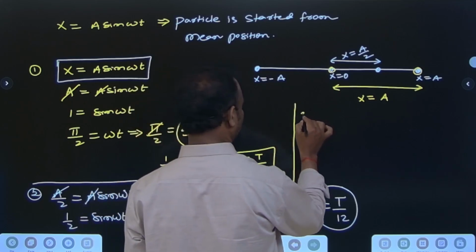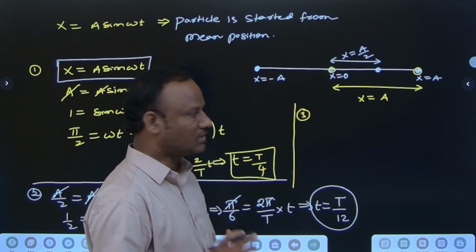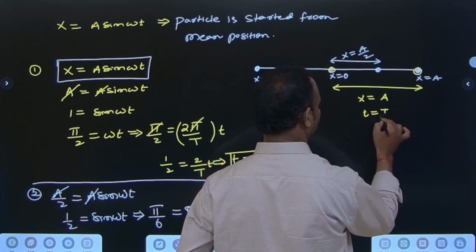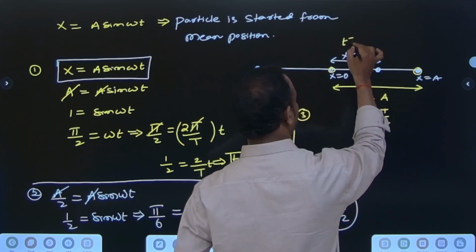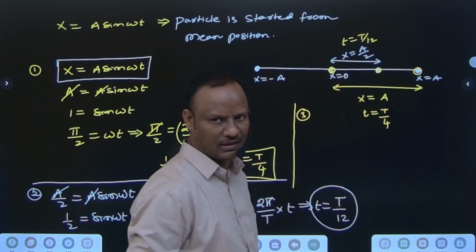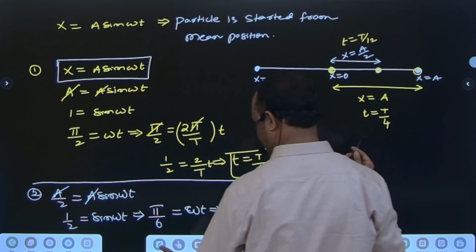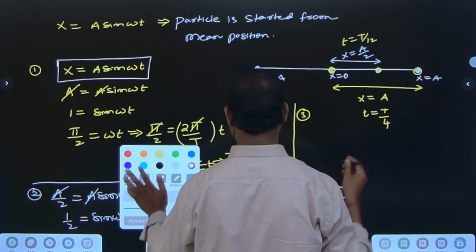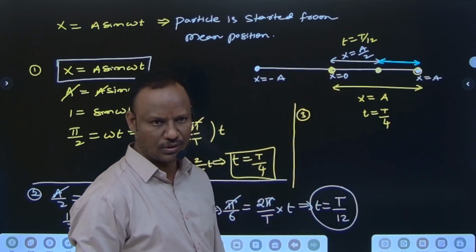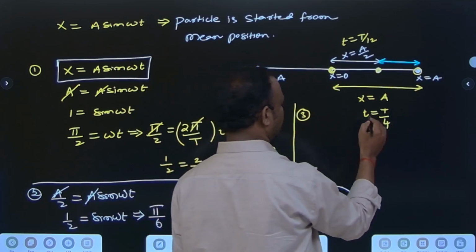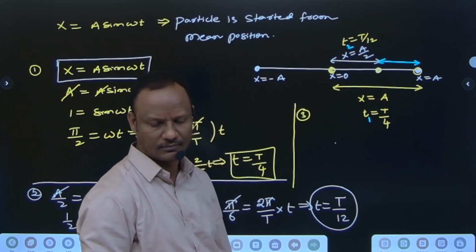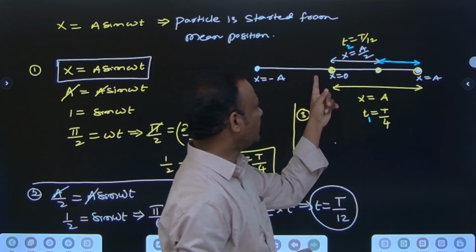For the third one, I'm doing a cross check. Sir, from here to here, what did you get? T is equals to T by 4. But for this one, T is equals to T by 12, from here to here. Correct? So what is the total time taken from here to here?